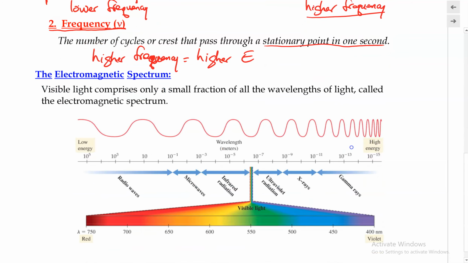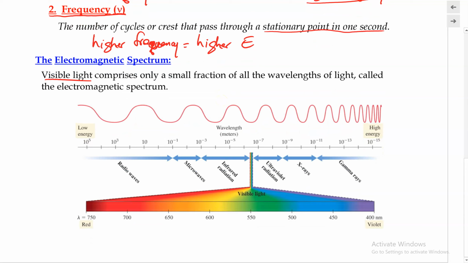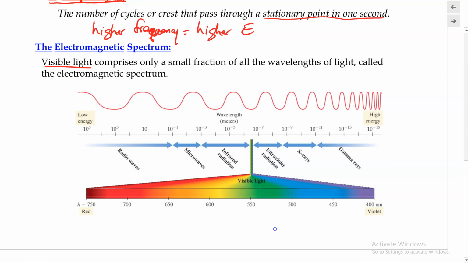Overall, this is the electromagnetic spectrum. We can see that the visible light that we can detect with our eyes comprises only a small fraction of all of the waves in this electromagnetic spectrum. Here are examples of waves with various wavelengths. You can see the waves on this right side have very small wavelength versus much larger wavelength over here.